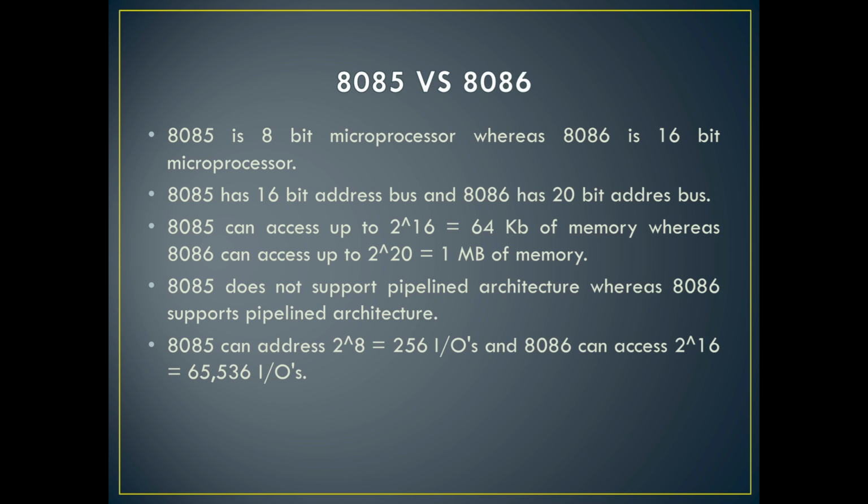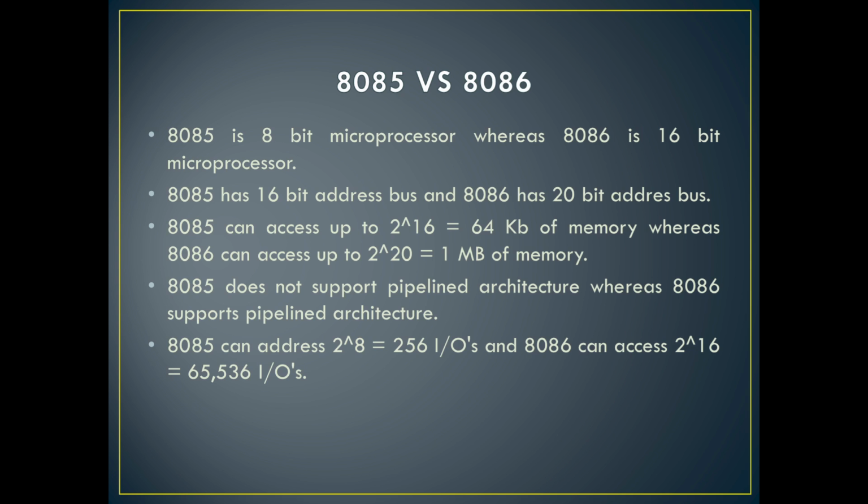Since 8085 has an address of 16 bits, it can access up to 2 to the power 16, which is equal to 64 kilobytes of memory, whereas 8086 can address up to 2 to the power 20, which is equal to 1 megabyte of memory. So the address space of 8086 is quite a bit larger than that of 8085.